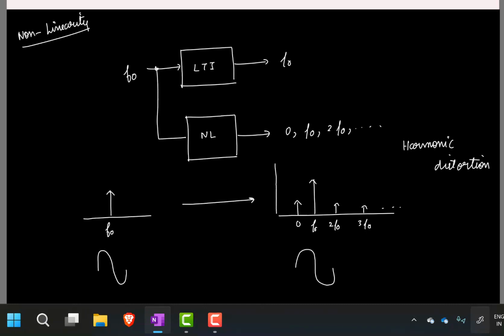And let's say I plot the spectrum in dB, then the difference between these two guys, that is the difference between the strength of the fundamental and the second harmonic, that is called SD2 or second order harmonic distortion. So this is in dB, so I'm subtracting the strength in dB. In absolute scale, you take the ratio. Similarly, for the third harmonic, you call it SD3 and so on.